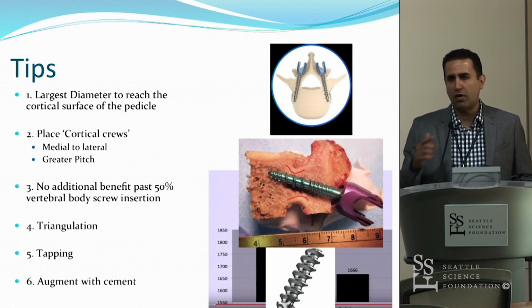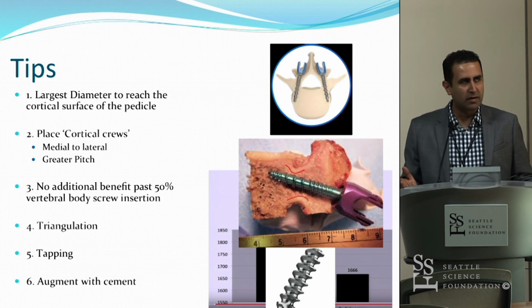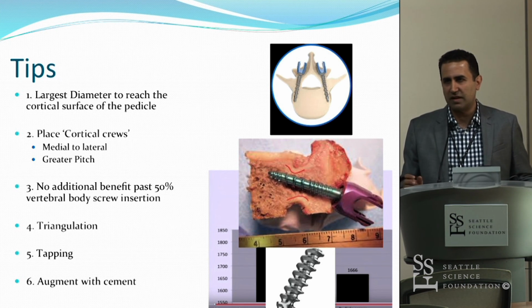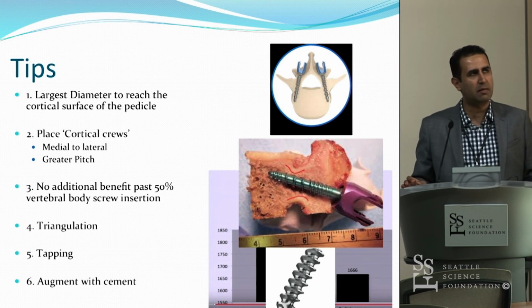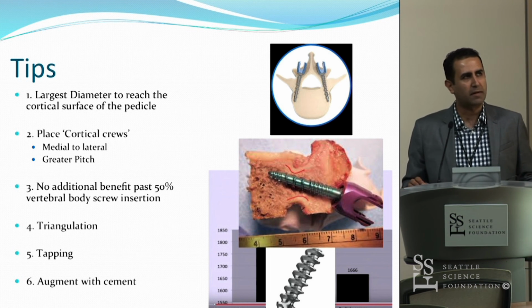So if you have an option of putting in a 7.5 or an 8.5, do that, because you're going to significantly reduce the failure of the implant and its pullout.